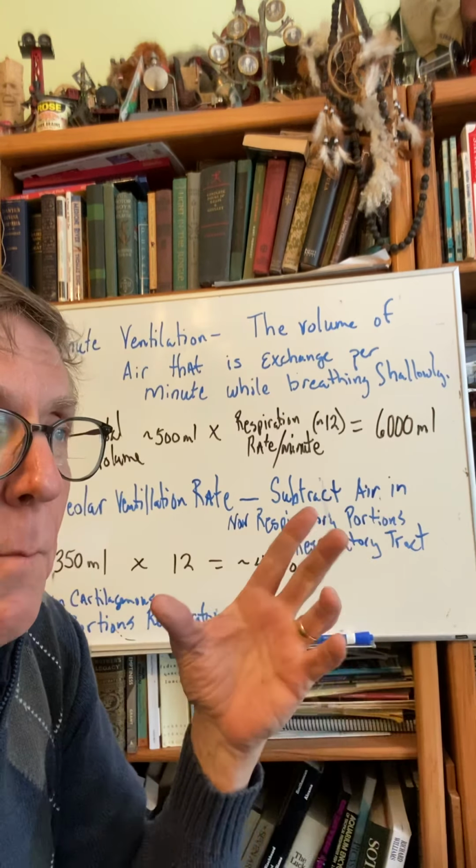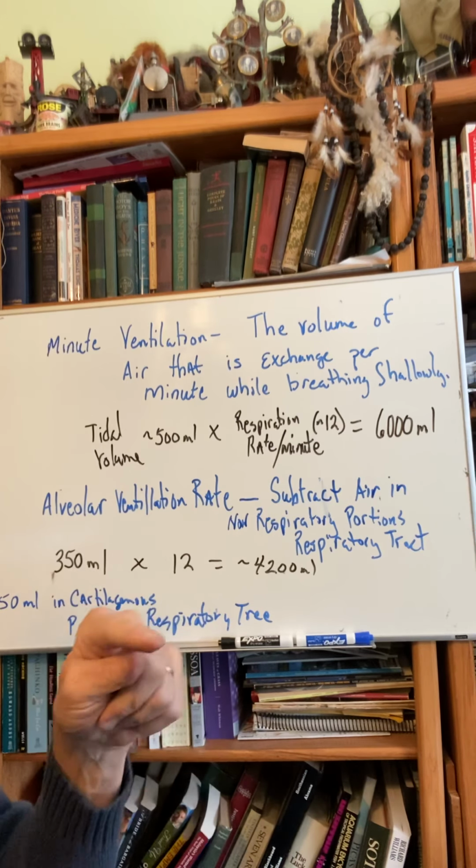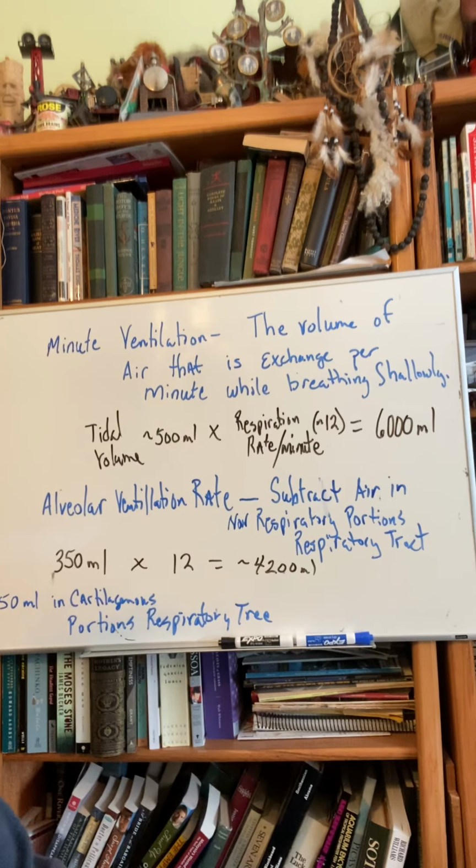And so if we say we're exchanging 500 milliliters of air, but some of it is not making it to the alveoli, we have to subtract that. So if we take our 500 milliliter number and we say, well, about 30% of it is in the non-respiratory portions of the respiratory tree.